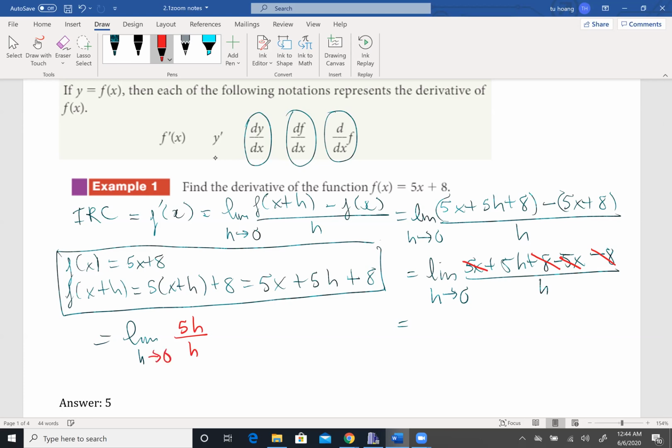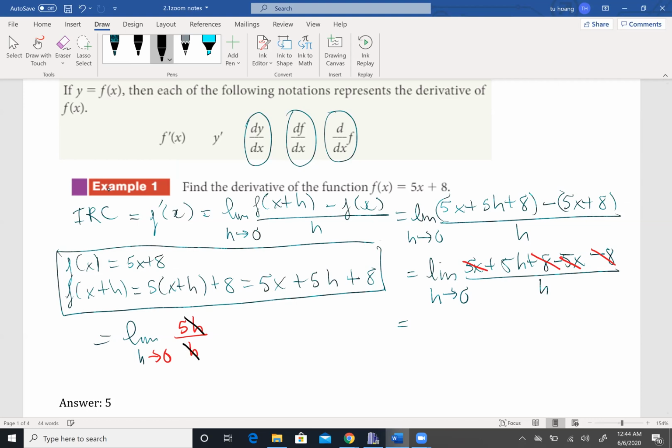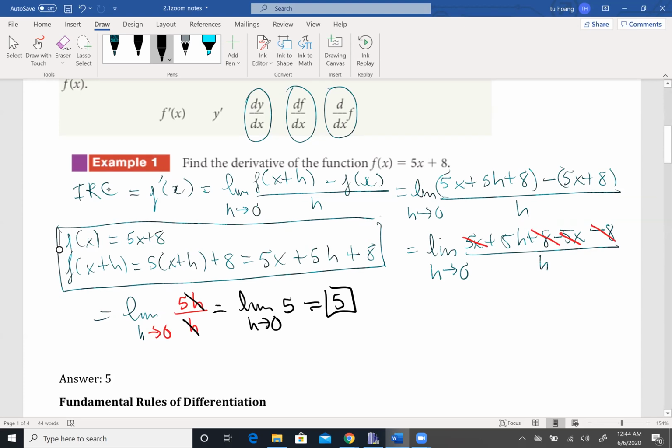As h goes to 0, since these are in factor form, I can just cancel the h between top and bottom. So now I have the limit as h goes to 0 of 5, and the limit of a constant gives you just the constant, equal to 5, which is exactly the answer I said before.